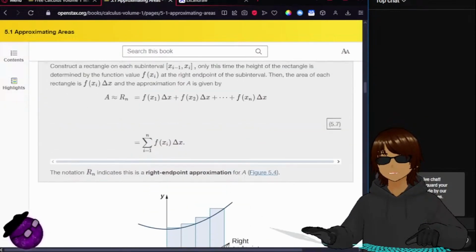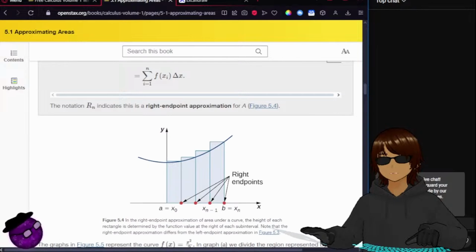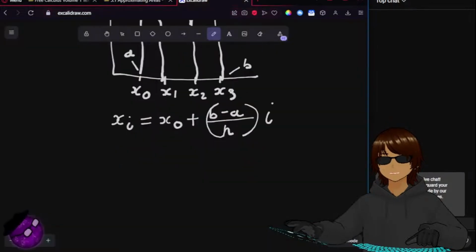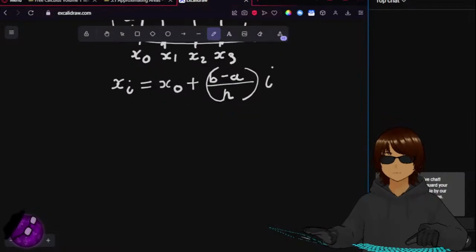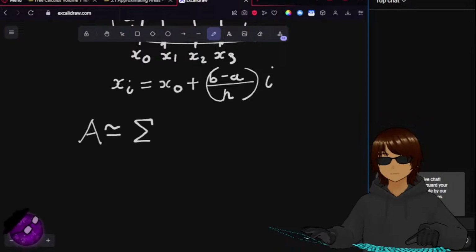Okay, so for the area, this is how the area is being calculated. The area under the graph is approximately f of xi, times the interval.